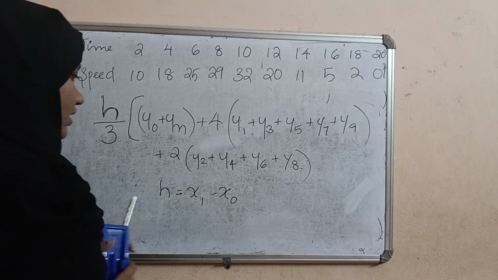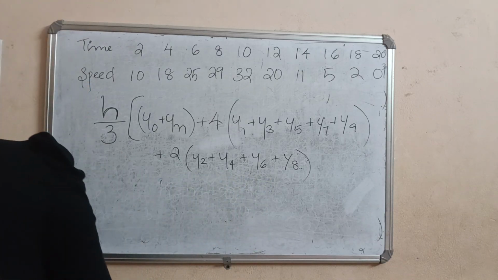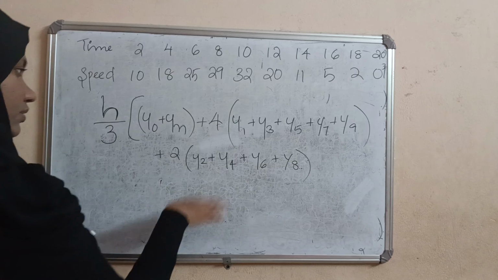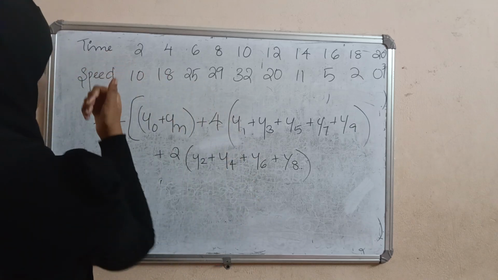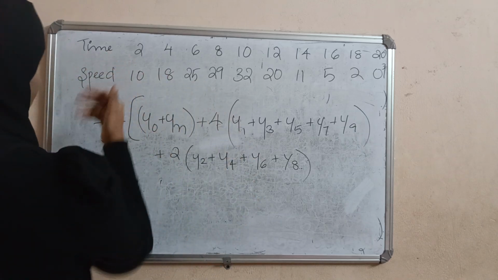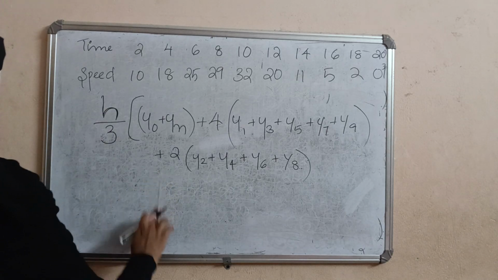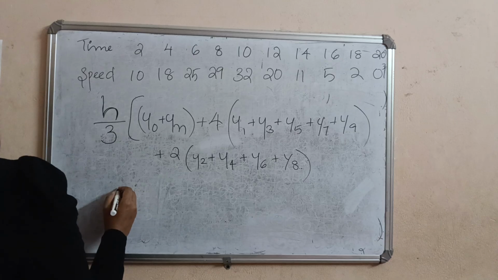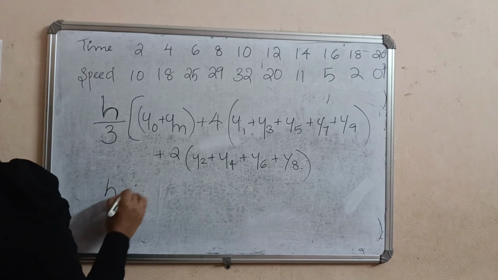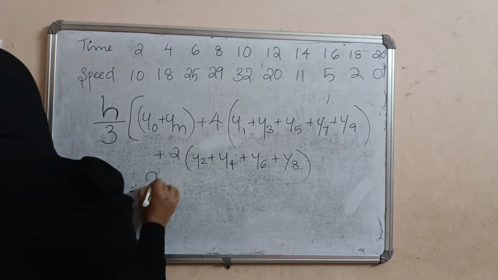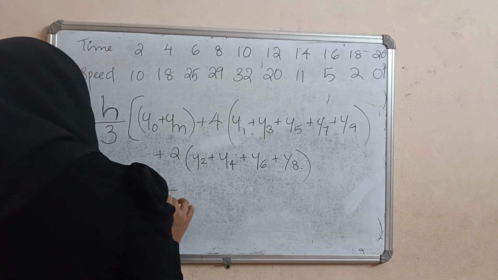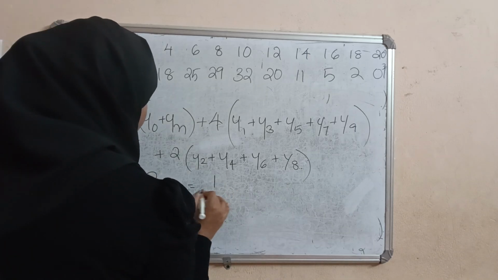But over here, since the time is in minutes and the speed is given in kilometers per hour, what we would do is calculate it as 2 by 60, which is equal to 1 by 30.